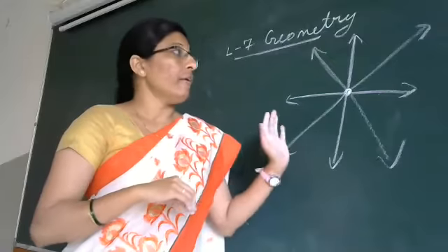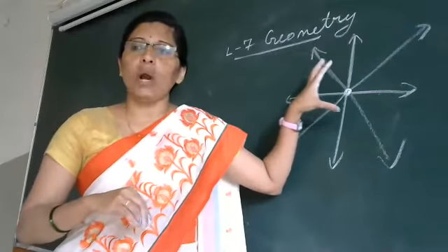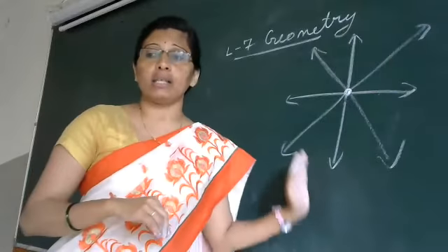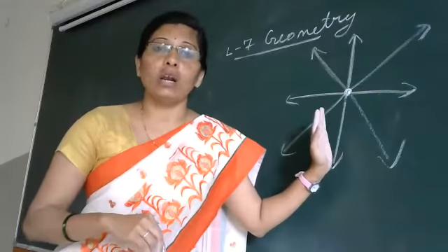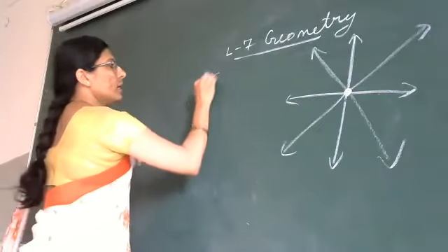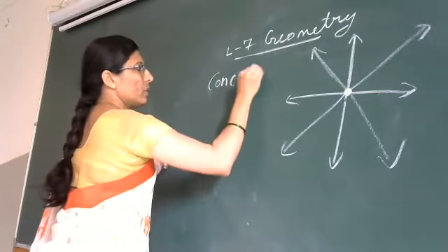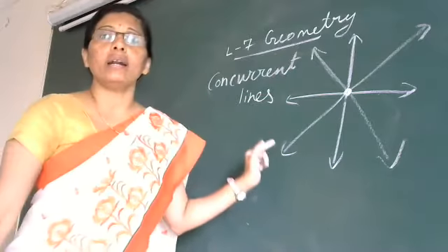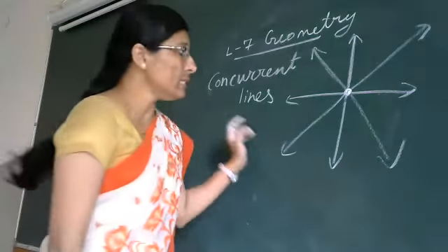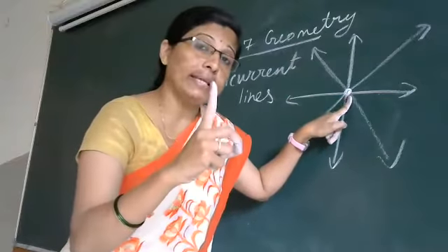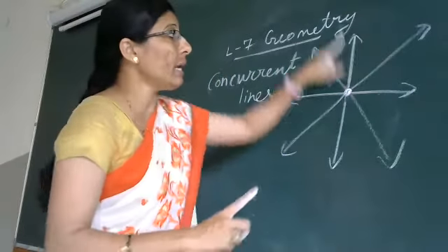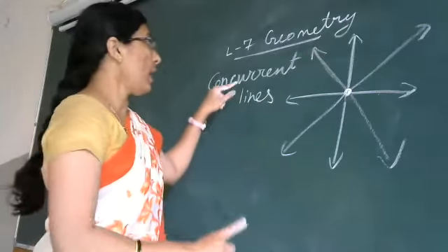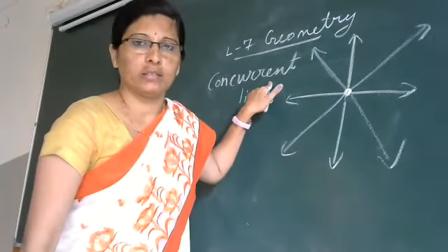So when one point is given and with the same point many lines are passing, those lines are known as concurrent lines. Concurrent lines. Means if only one point is there and from one point many lines are going, these lines are known as concurrent lines.